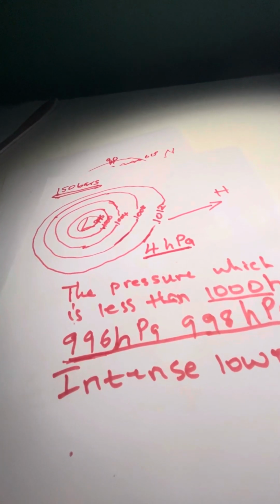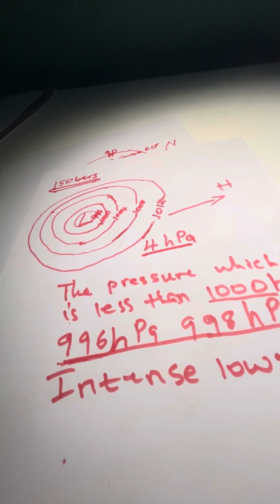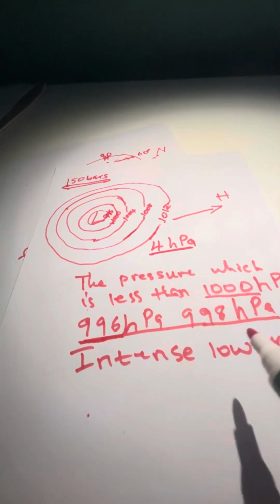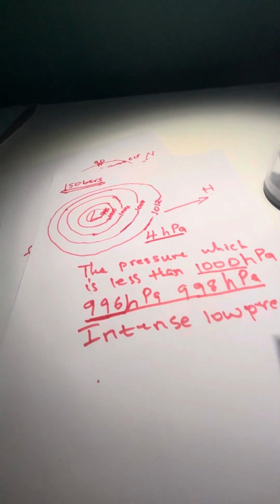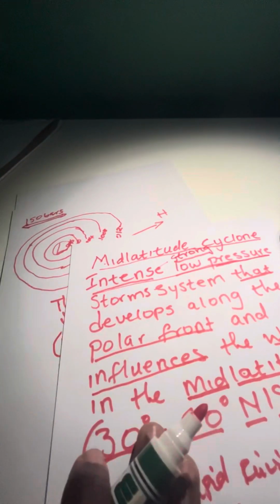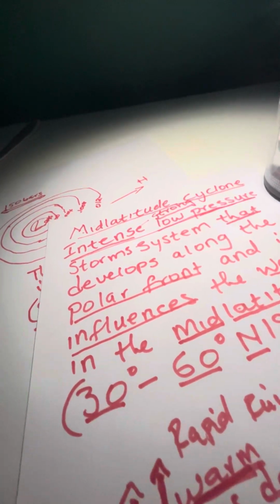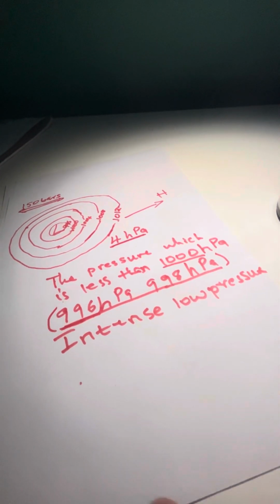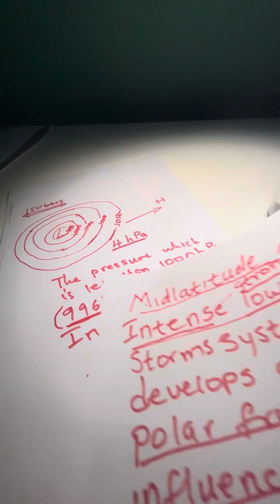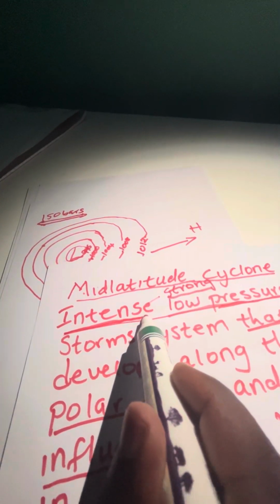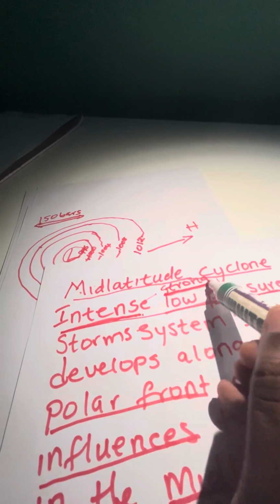So when you see a smaller number like 996, any number that is less than 1000, and I'm giving you these numbers because we can't have a low pressure at 20. No, I'm giving these numbers because those are real numbers. So when you have those numbers, just know that the pressure is intense, the pressure is strong.